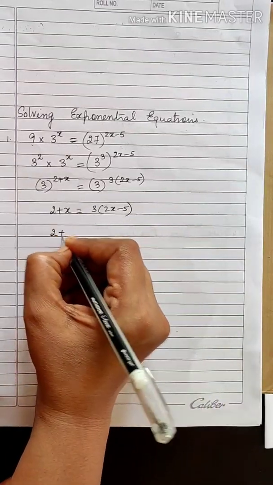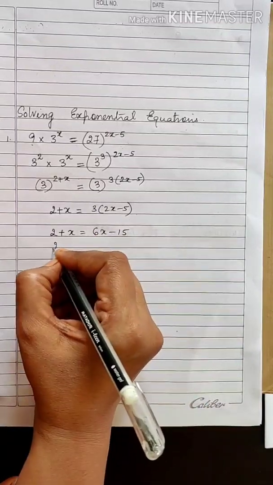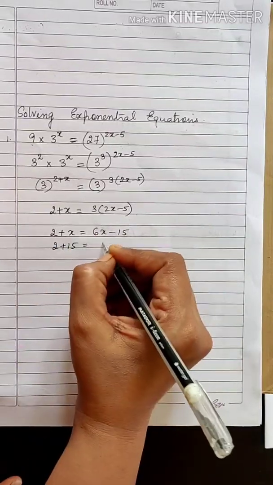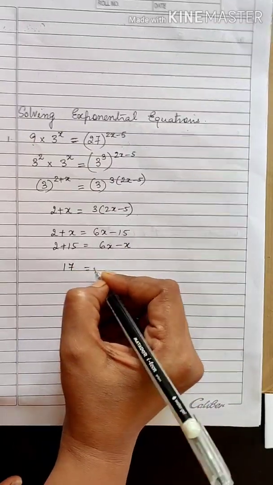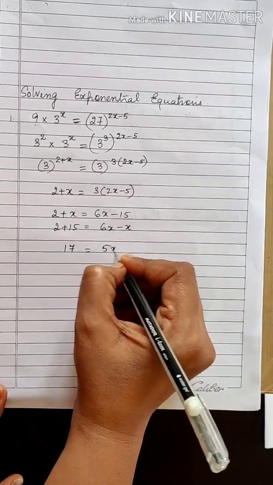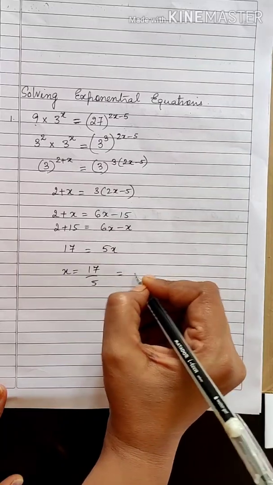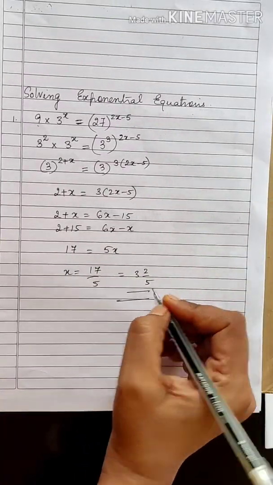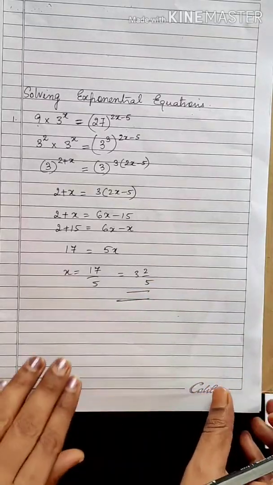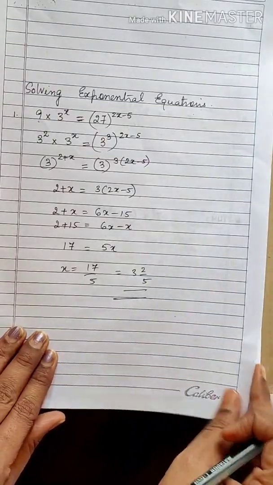Now this becomes 2 plus x is equal to 6x minus 15. 2 plus 15 is equal to 6x minus x, 17, and this will become 5x. So x is equal to 17 by 5, or you can write 3 2 by 5. So the most important thing here you learn is, when the bases are same, the powers will become equal.